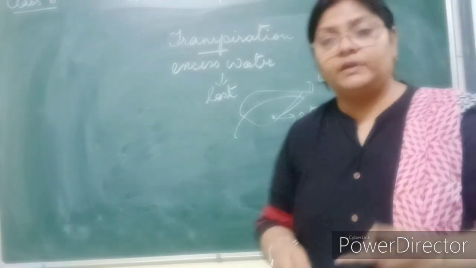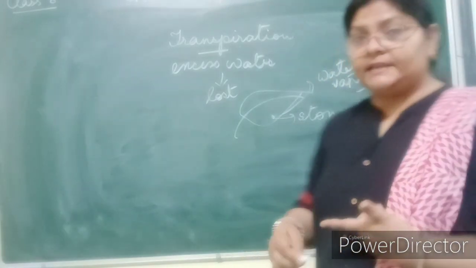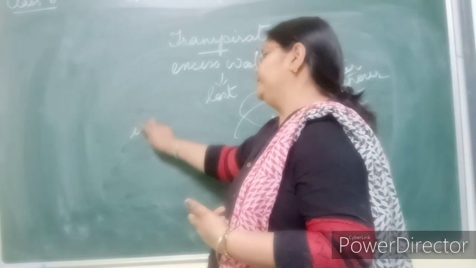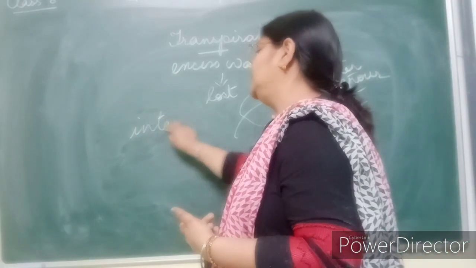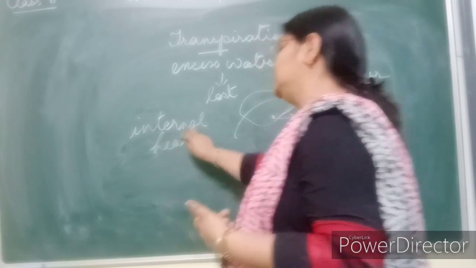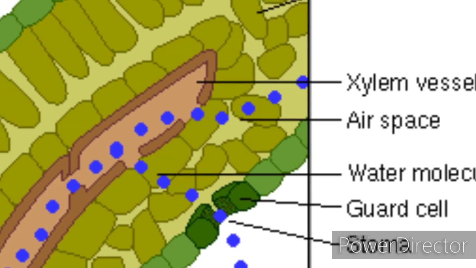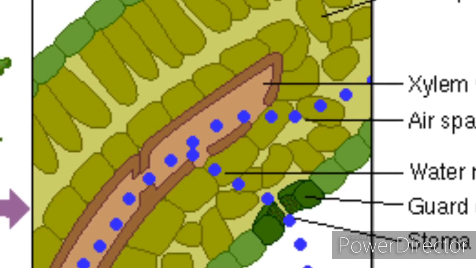If you know, water to be transformed to water vapor needs energy or heat. So this energy is utilized by the plant. In which form? The internal heat produced inside the plant is used to transform this water into water vapor.